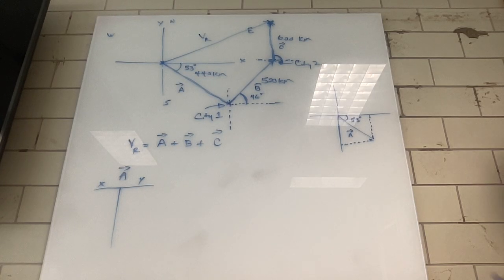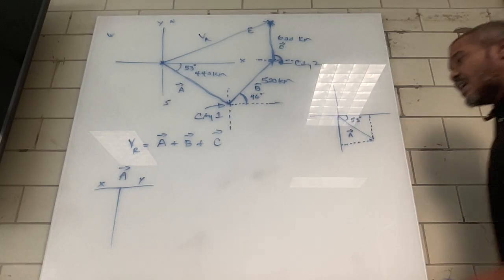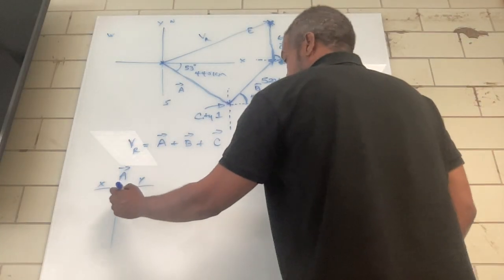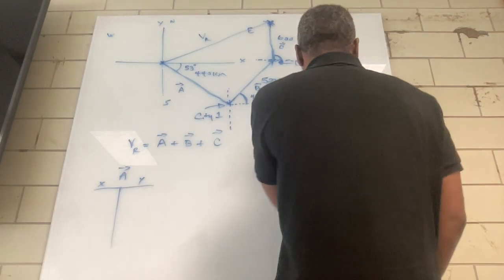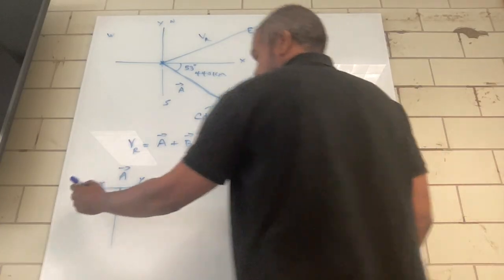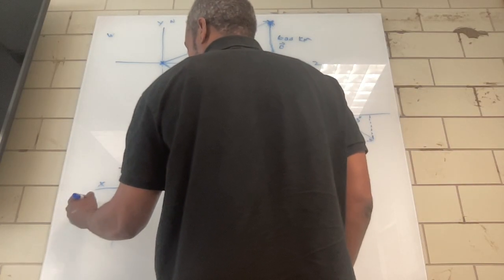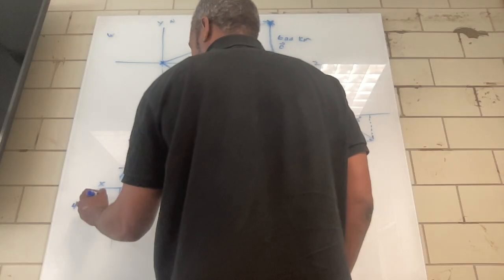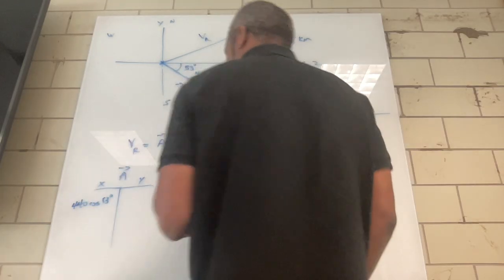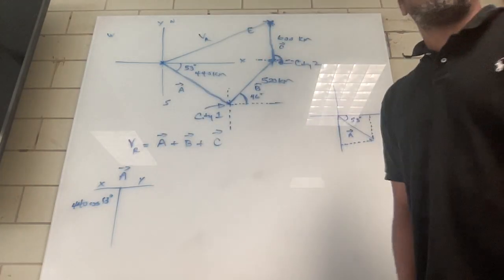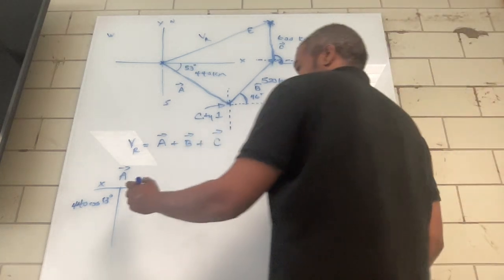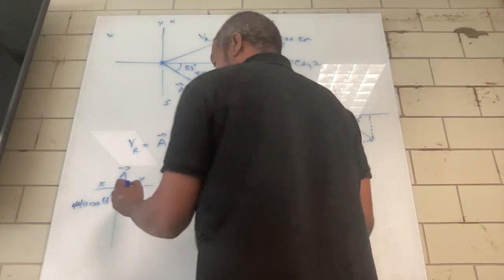Okay? So, the X component is what? 440 cosine 53. All right? So, evidently, Y is what? 440 sine.